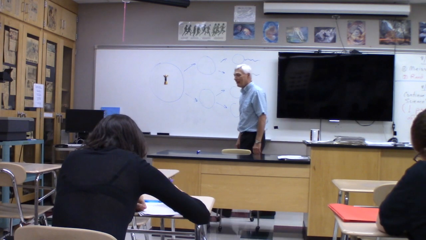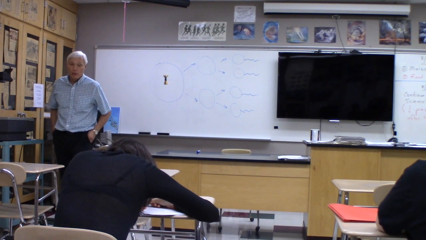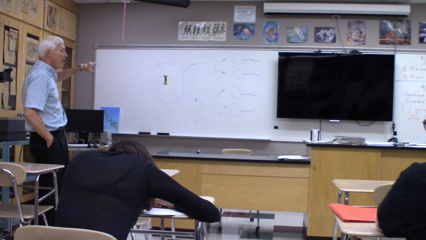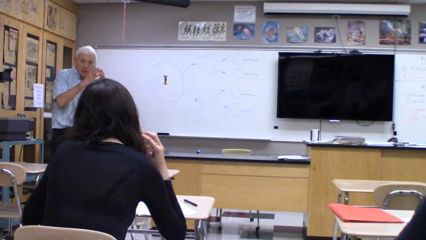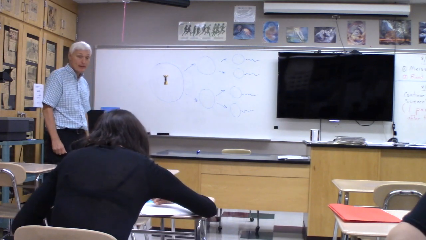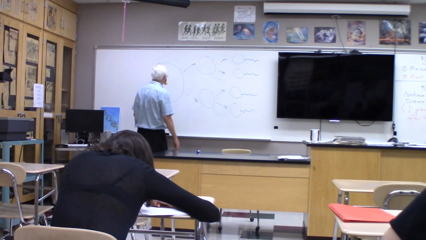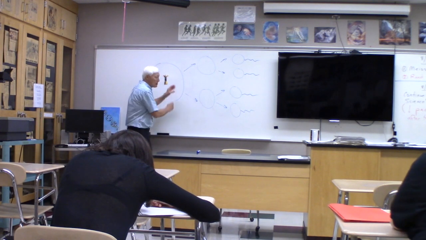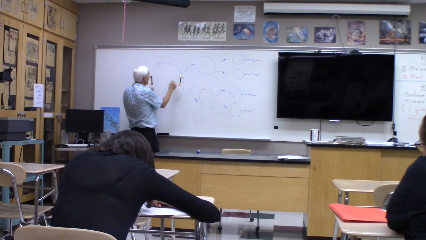So that you got 23 snuggling pairs lined up in the middle of that cell, getting ready to be pulled apart. Okay? Now watch what happens. When the cell gets ready to split in two, look at how these chromosomes then pull apart, just like this. And then the cell pinches in two.